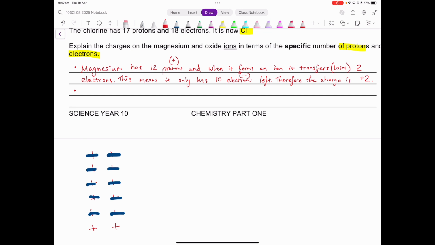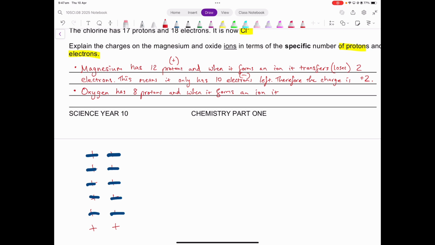And our final thing today is oxygen. So oxygen has how many protons? 8. Great. 8 protons. And when it forms an ion, does it lose or gain?